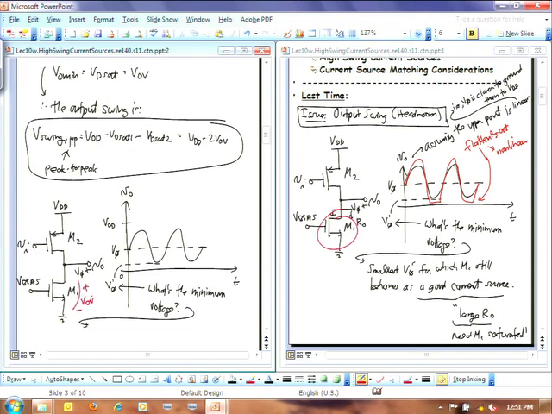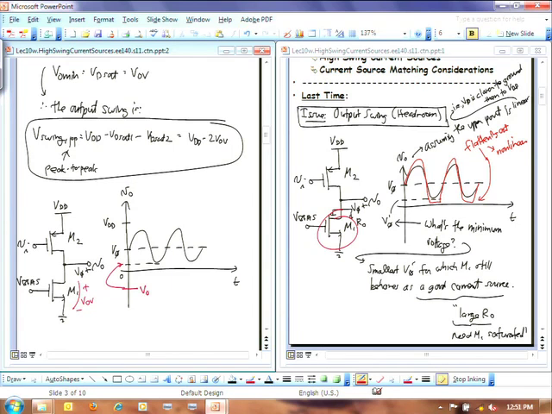Because if it gets below that overdrive voltage, then M1 goes into the triode region and we get nonlinearity. So this point right here, the lowest we can get before it goes nonlinear, is going to be V overdrive.